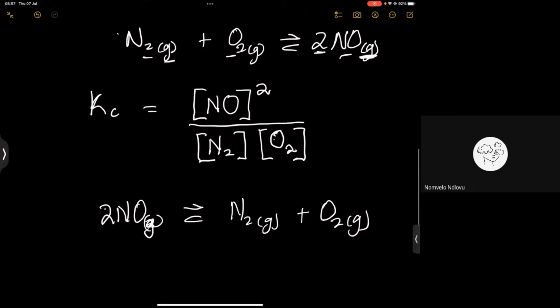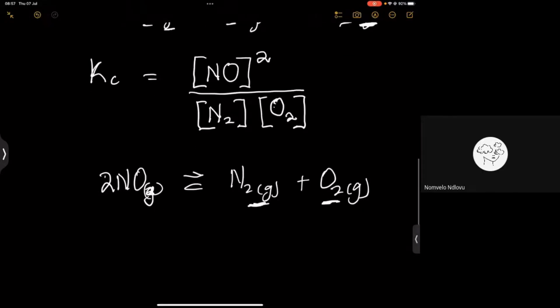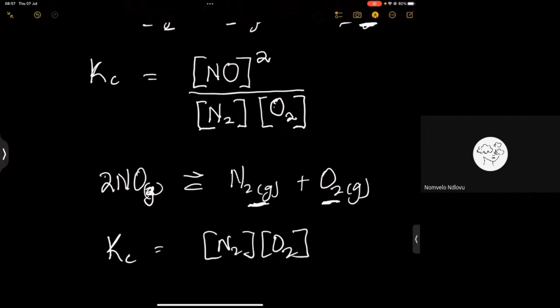Then the product side will be that on top, with the expression changing? Yes, absolutely. So in this case, it means that now nitrogen and oxygen would be your products. So as a result, your Kc expression would be N2 and O2, and its products divided by reactants.